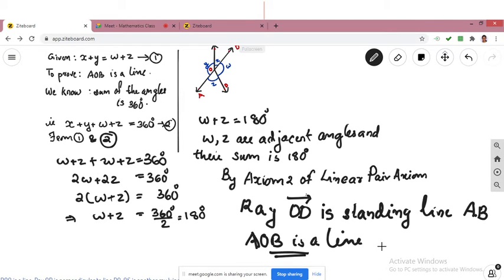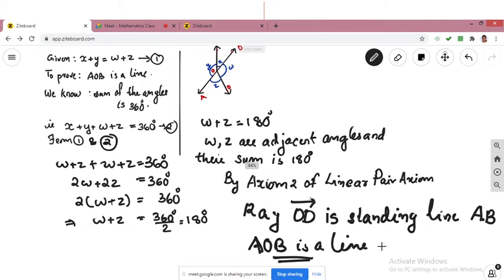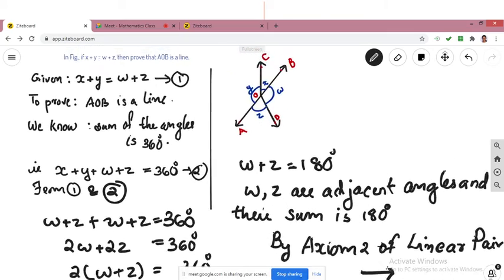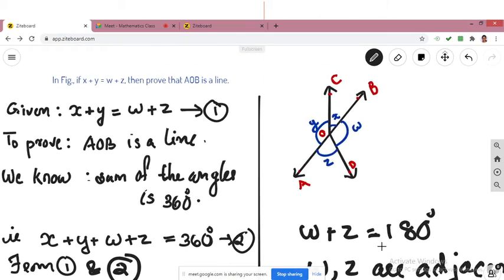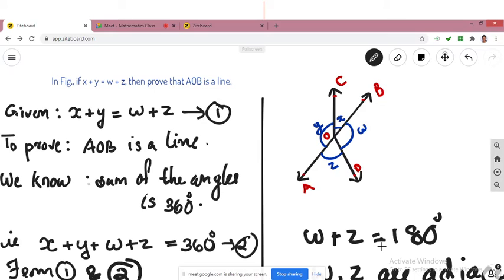So shall we go through it again? Yeah, we were given that the sum of angles, that is x plus y equal to w plus z. Now we needed to prove that AOB is a line. We knew that the sum of the angles is 360 degrees. So angle x plus y plus w plus z is equal to 360 degrees.